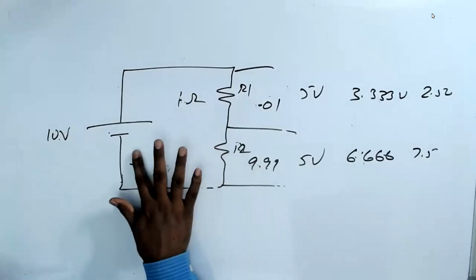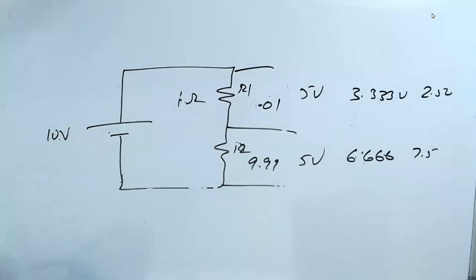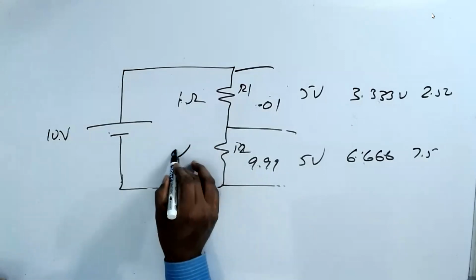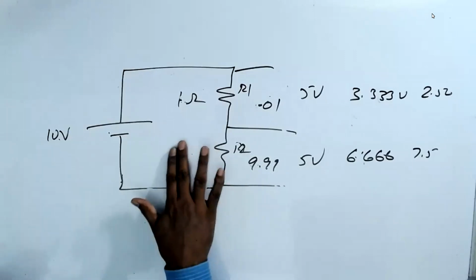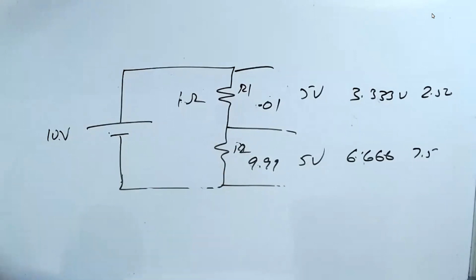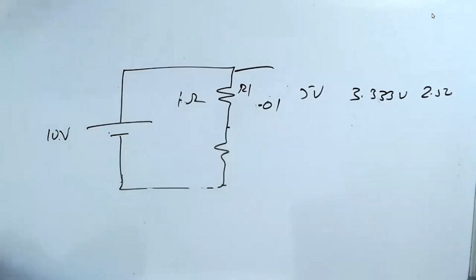Now, let us assume I make the resistor infinity. What will happen? When I make the resistor infinity, that means, let us say, you are running.